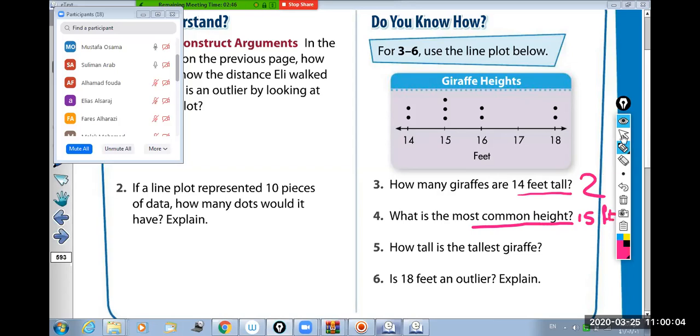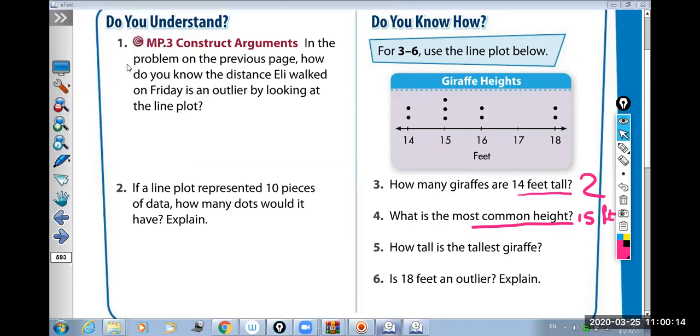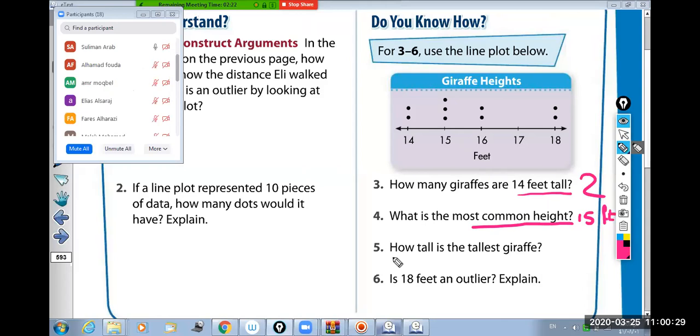Now the question for Ahmed Foda. How tall is the tallest giraffe?